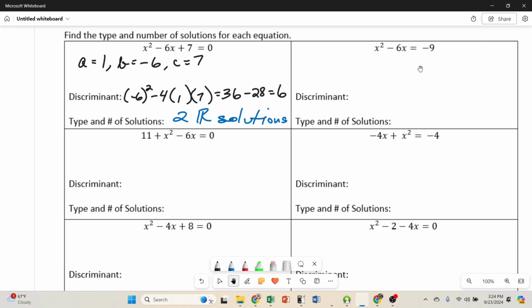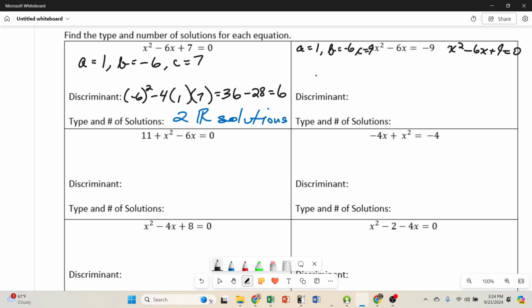Okay, over here we've got to get things cleaned up. We've got to get an ax squared plus bx plus c form. So I'm going to add 9 to each side. So I'm going to end up with x squared minus 6x plus 9 equals 0. It's got to always equal 0. So a is 1, b is -6, c equals 9.